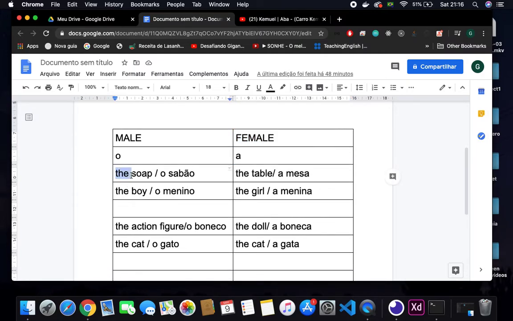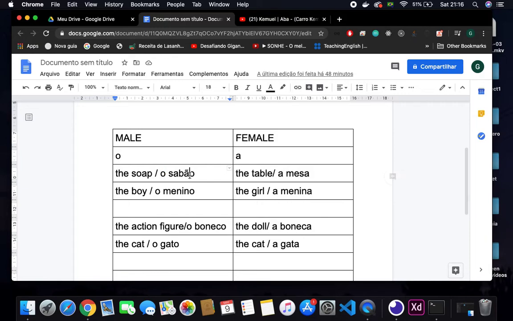When I say the soap in English, you already know what it is, okay? But remember, words ending in O usually are male, okay? So the article here I'm gonna translate as "o sabão", okay? O sabão. Why O?